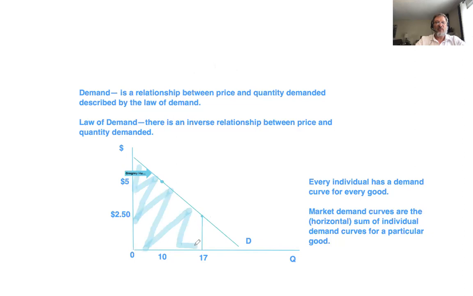So this should look familiar here. I'll try to color it in. It is going to measure the sum of the willingness to pay of all the consumers that get the good.